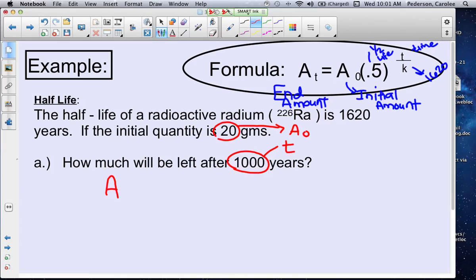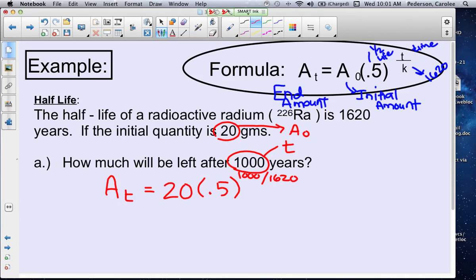So the end amount is our unknown. Our initial amount is 20 grams. 0.5, or if you like it in fraction form, the half. And then we're going to raise it to the T over K. So 1,000 over 1620.